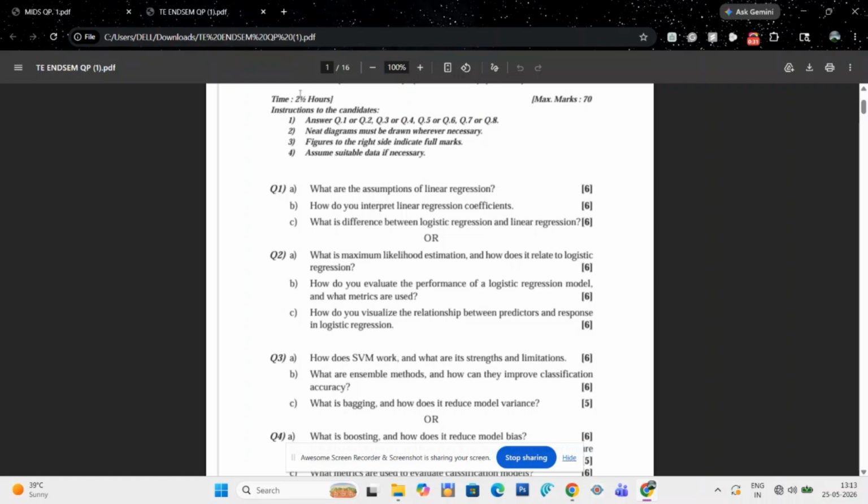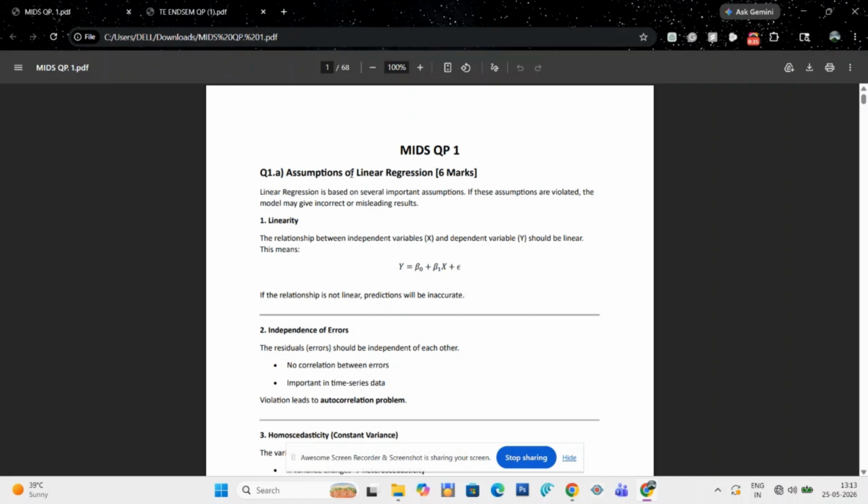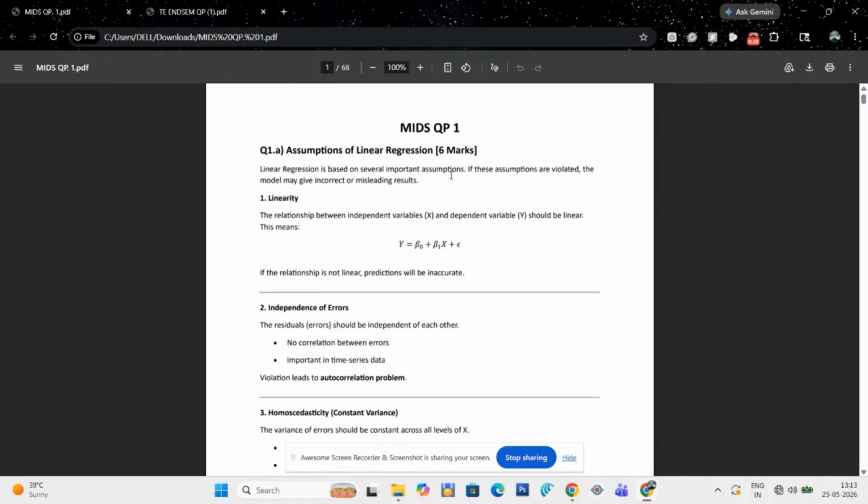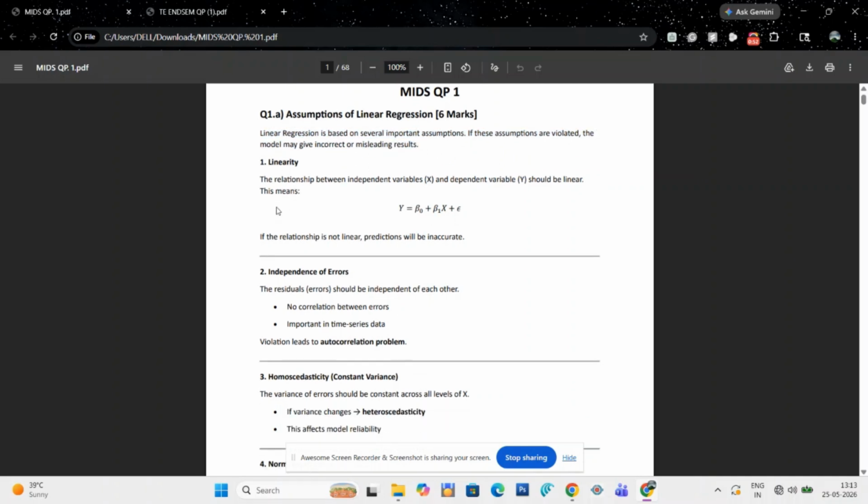So for that, let's get the assumptions of linear regression. First of all, linear regression is based on several important assumptions. If these assumptions are violated, the model may give incorrect, misleading results. There are multiple assumptions. First is linearity.